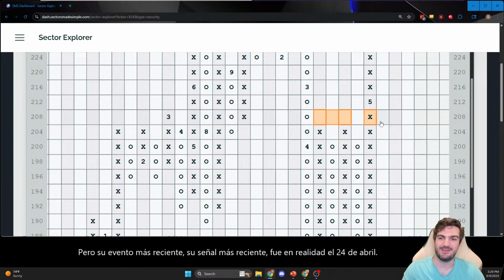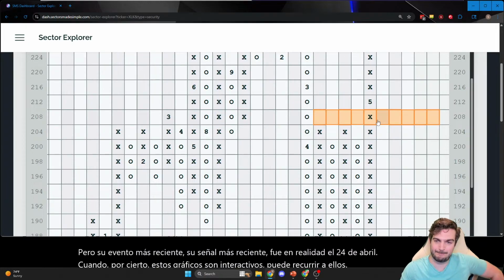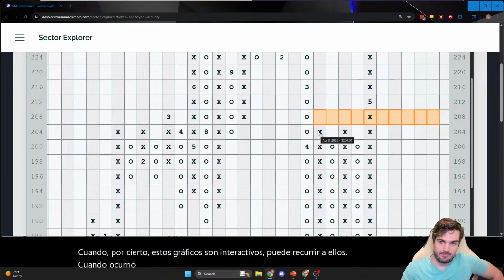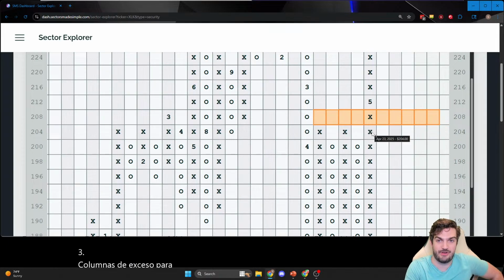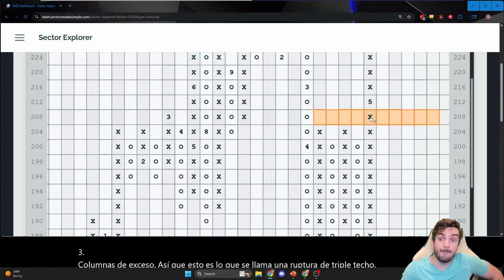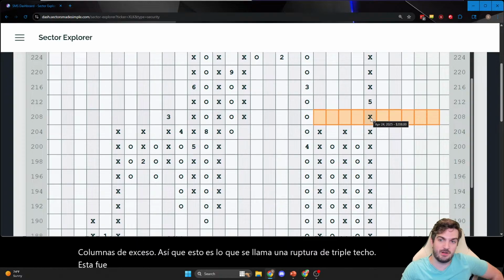When, oh, by the way, these charts are interactive, you can draw on them. When this breakout happened here, it broke 1, 2, 3 columns of X's. So this is what's called a triple top breakout. This was the buy signal for technology.